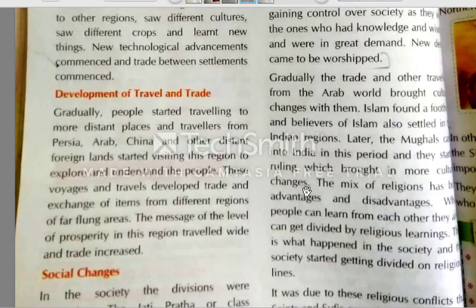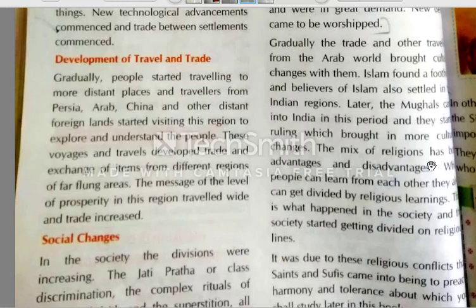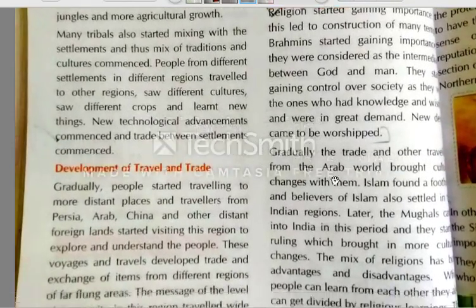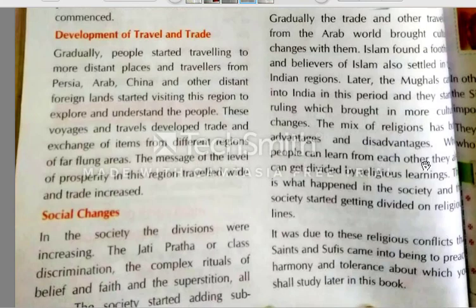So when people of Arab came here, the Muslims started living here and they also brought some changes in Indian culture. The mix of religion has advantages and disadvantages. People can learn from each other, and they can also get divided by religious learning.